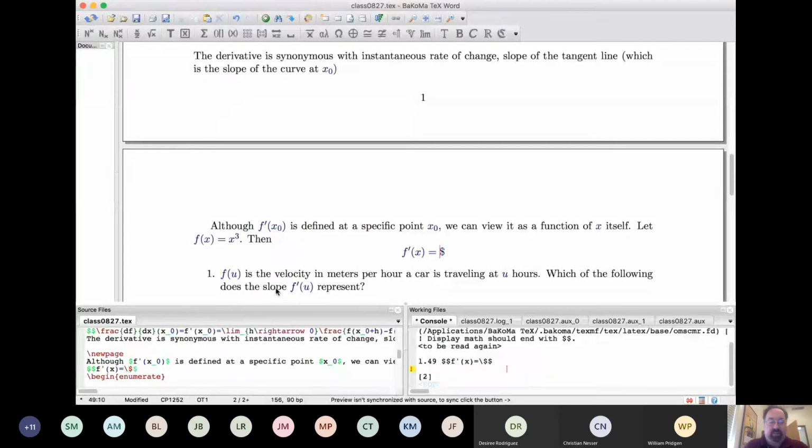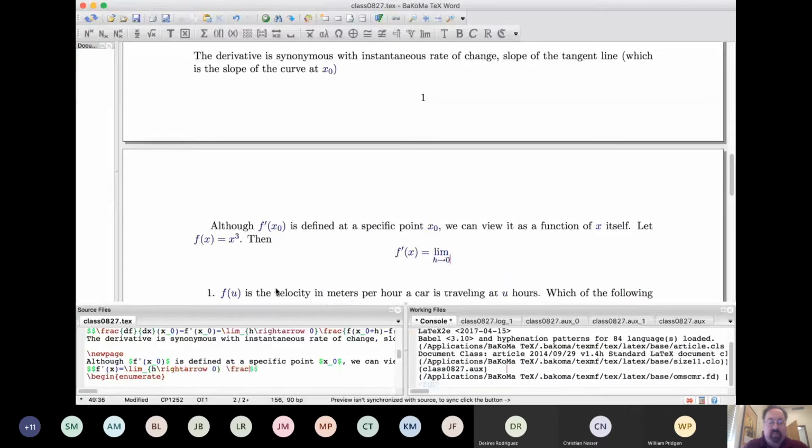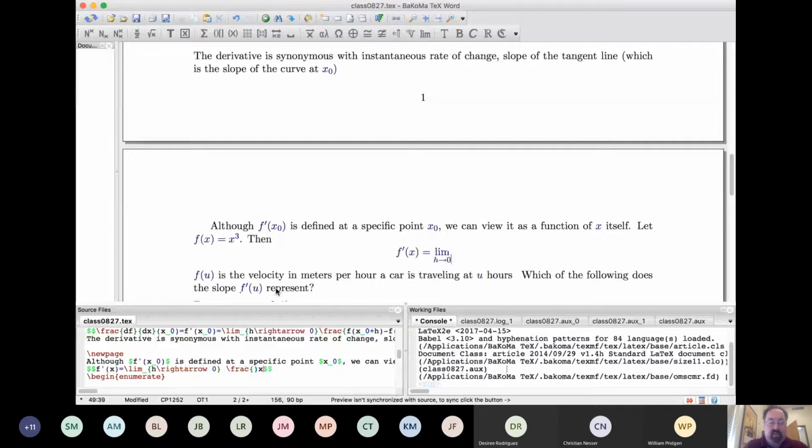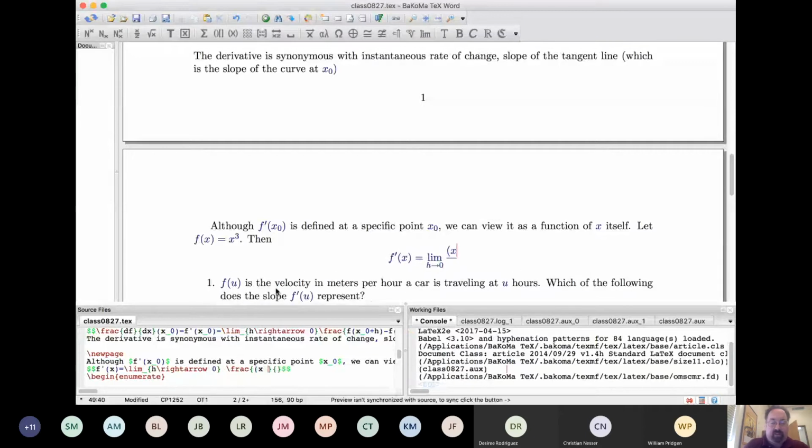So f prime of x would be this fraction, x plus h cubed minus x cubed all over h.